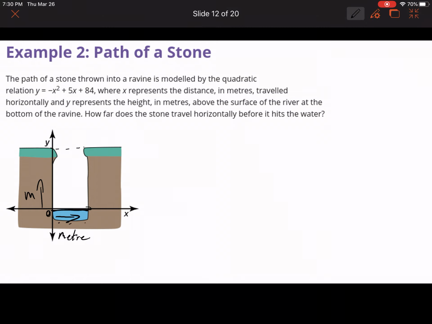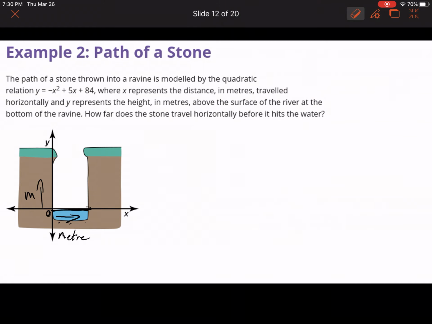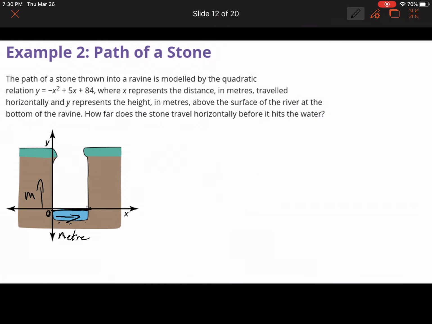Make sure you understand in each individual question, what does 0 mean? Or what does x mean? Or what does the x-intercept mean? How far does the stone travel horizontally before it hits the water? So if we want to know how far it travels horizontally, we want to know x.